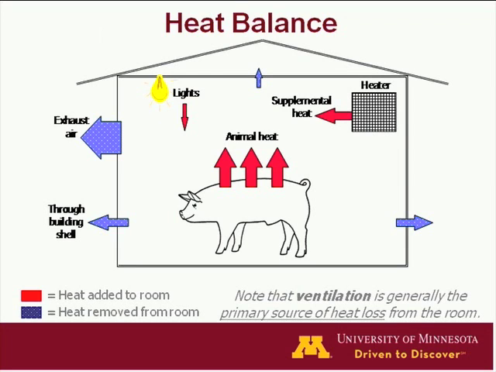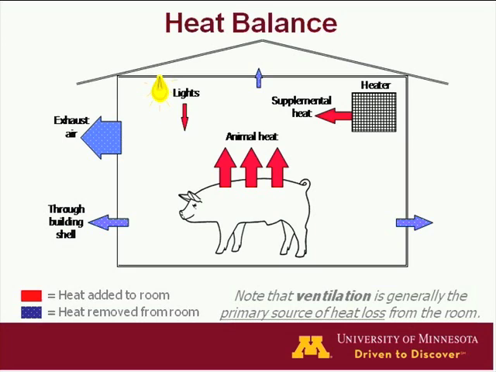This shows a very simple heat balance that we as engineers use to determine ventilation rates or the amount of heat losses and gains in buildings. I wanted to show this because we can see the size of the arrows here, in particular the heat loss from a building, is kind of proportional to the percentage of heat that is lost in a building.